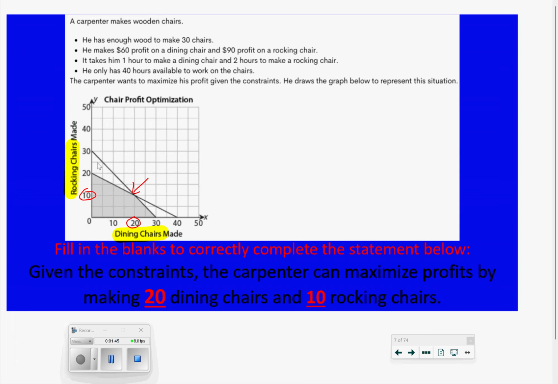If you look at this one, everything less than this one here, I'm not sure which one is which between 20 and 40 here, but if we look at this one and everything below that, and everything also below this one, you get this gray area. And the best spot, or the highest spot, for that is right here where the two lines meet. So that's going to be the sweet spot, which is at 20 and 10.